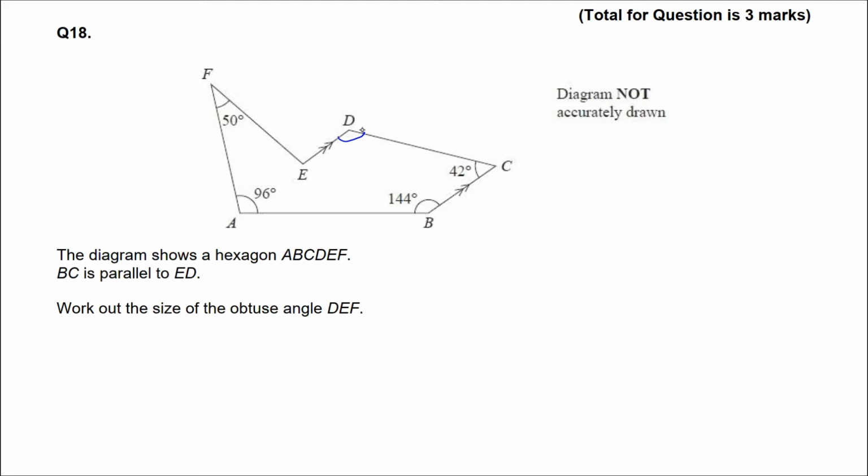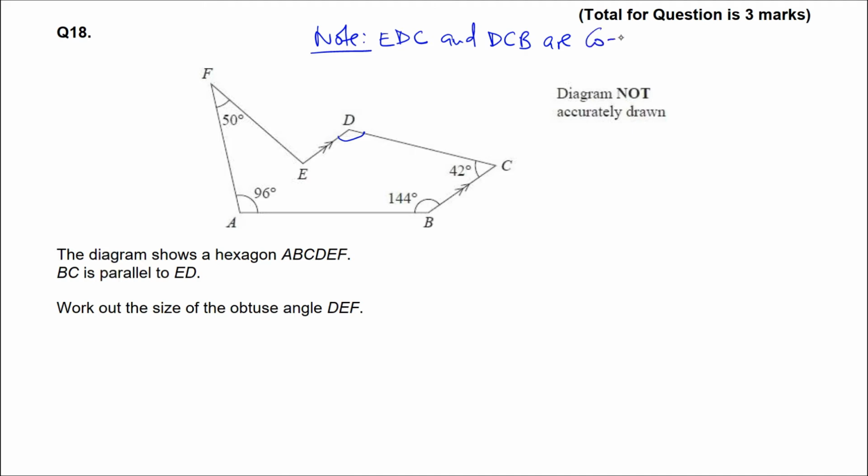We can find this angle by remembering the fact that this angle EDC and DCB are what we call co-interior angles because of the parallel lines.